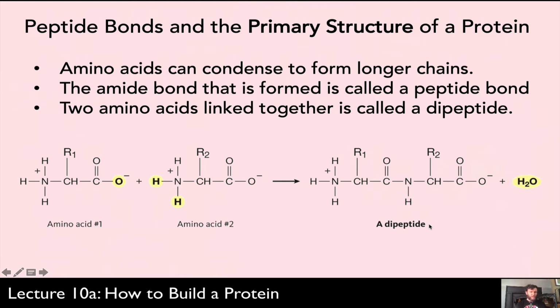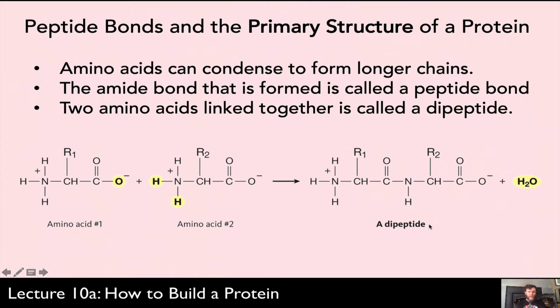Let's make a protein. There are several stages to consider when talking about protein structure, and the first of them is primary structure. That is just the linear sequence that the amino acids make when they form a chain. Well, how do they form a chain? That is the formation of the peptide bond.